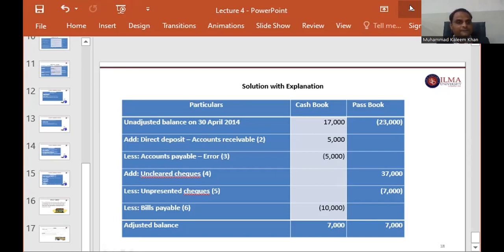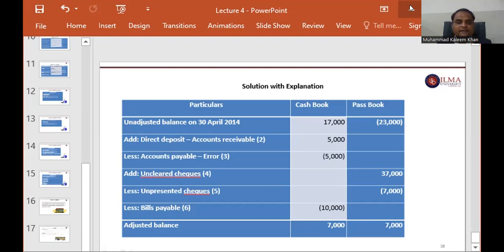The next one is uncleared checks, and uncleared checks are added in the passbook. Simply, a check deposited but not cleared by the bank will be added in the passbook, rupees 37,000.